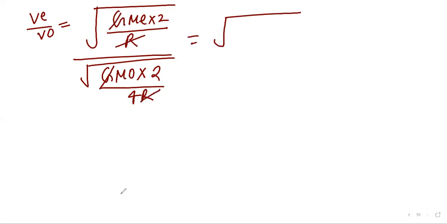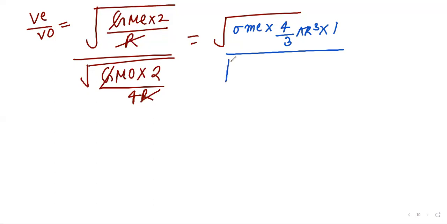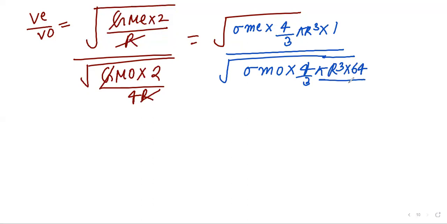So put the value: for ME it is sigma ME into 4 by 3 pi R cube into 1, divided by under root of sigma M naught into 4 by 3 pi R cube into 64 upon 4. Right. So cancel all these quantities.